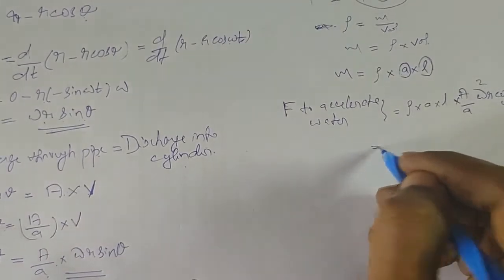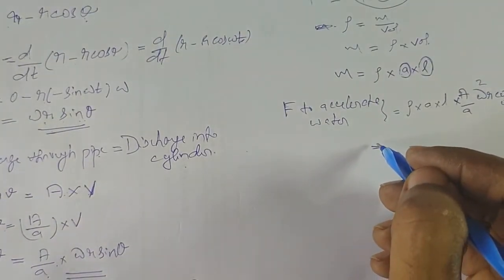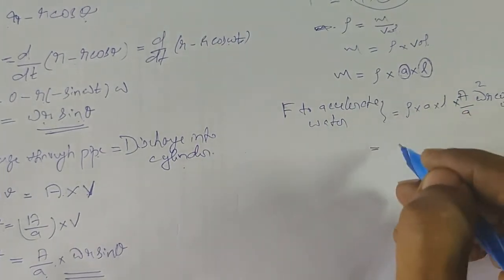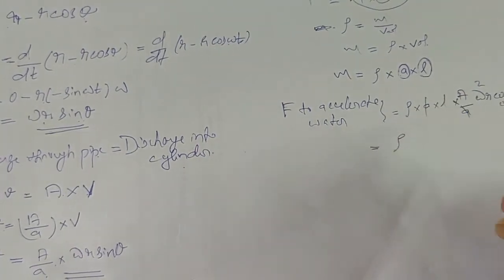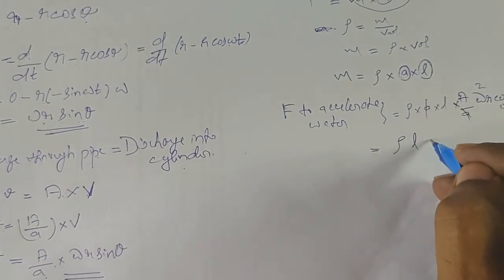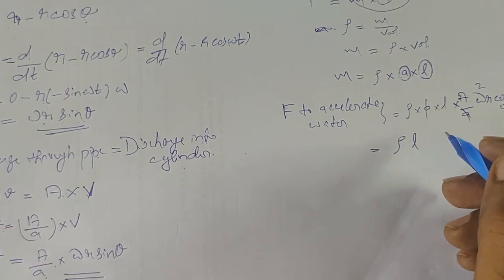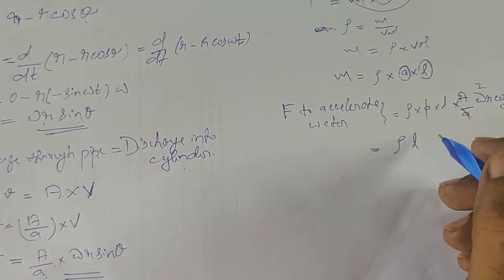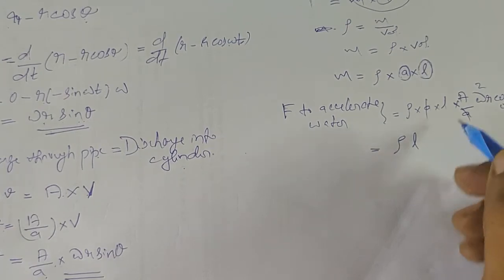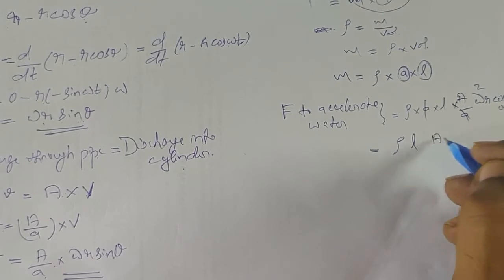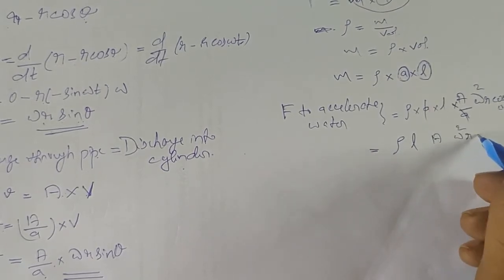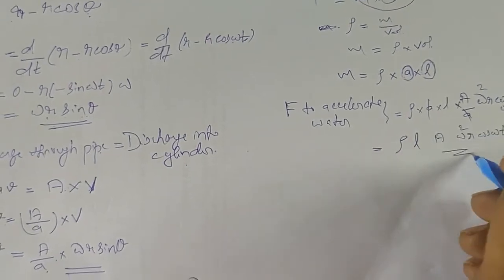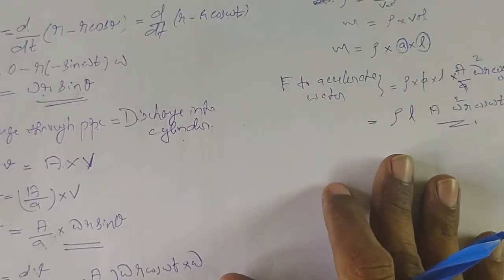So it will be equal to rho l (A by a) omega square r cos omega t. This is the force required to accelerate.